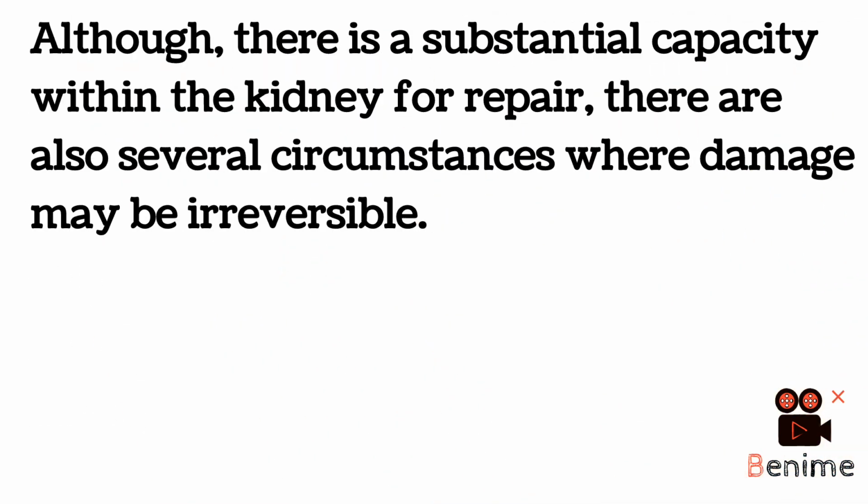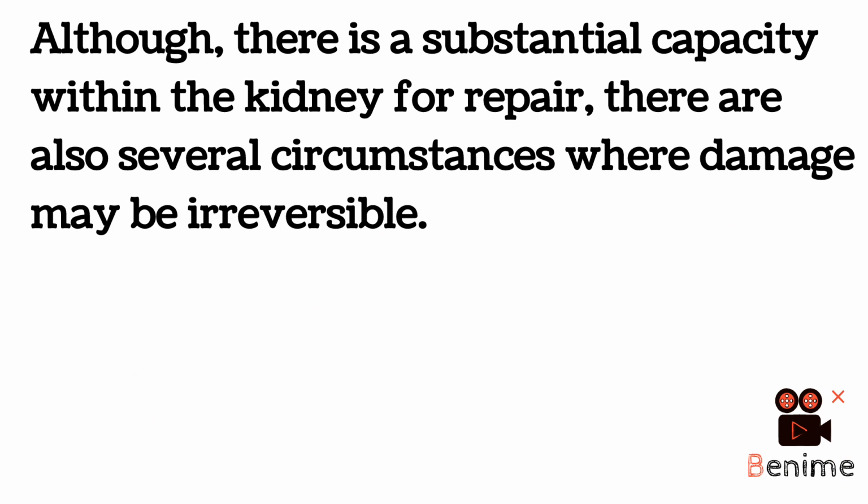Although there is a substantial capacity within the kidney for repair, there are also several circumstances where damage may be irreversible. It means the kidney has an intrinsic ability to repair or rejuvenate, but at several times these damages can be irreversible.